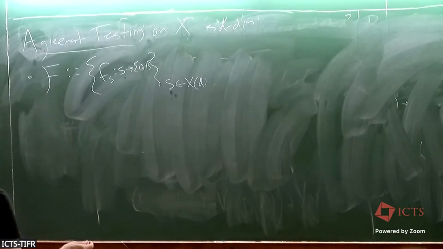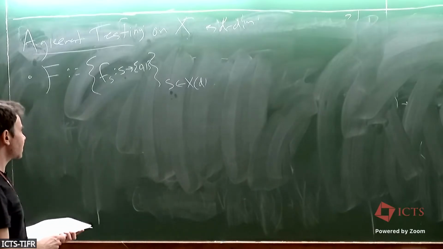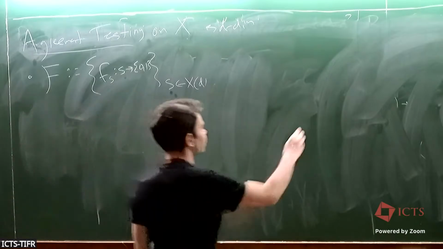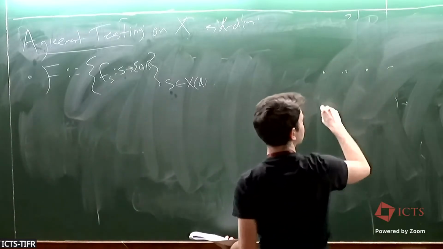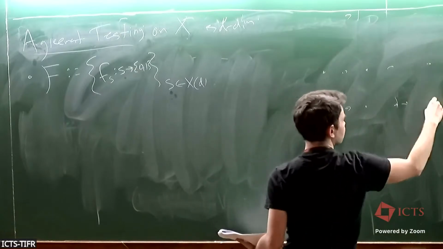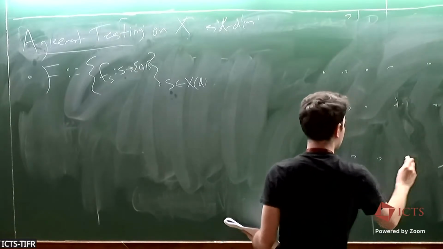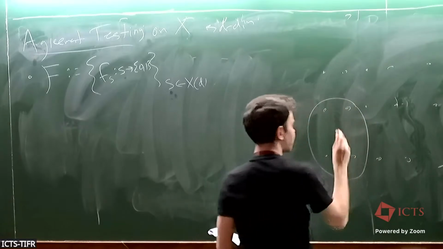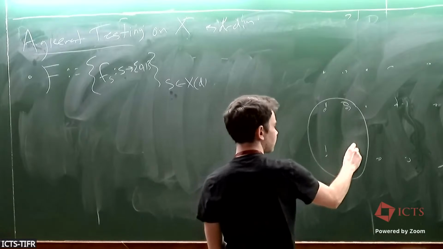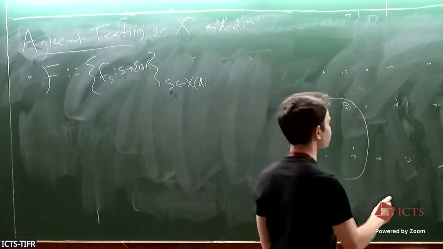And my goal is I would like to test whether this collection of functions, maybe let me draw a picture. So say that D was 4, and this is one of my D-sets, and I have these local assignments. Maybe this is 1, 1, 1, 0.